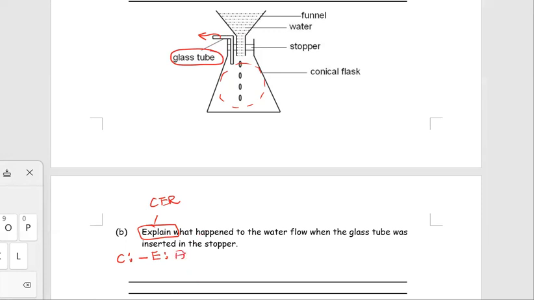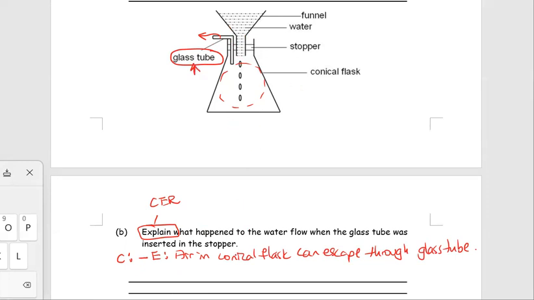So I'll just write down: air in the conical flask can escape through the glass tube. Make sure that you mention the glass tube because they give you that.